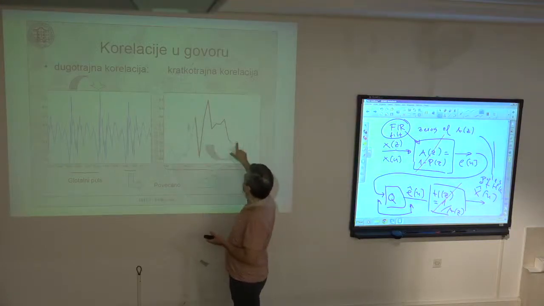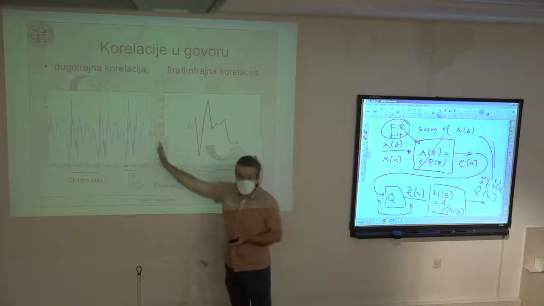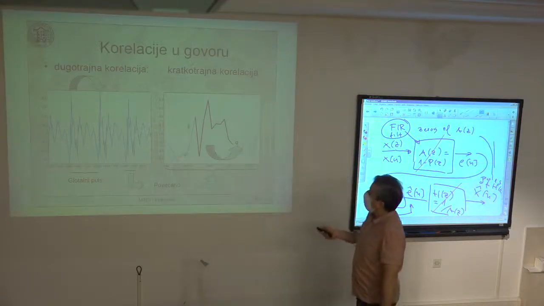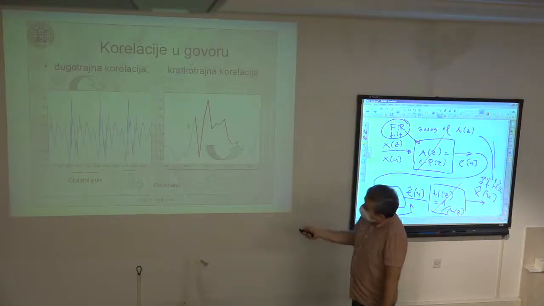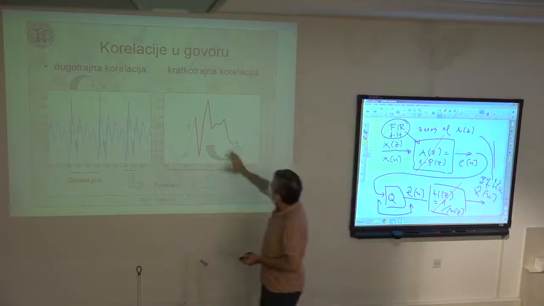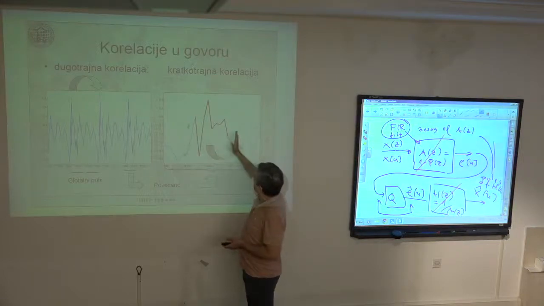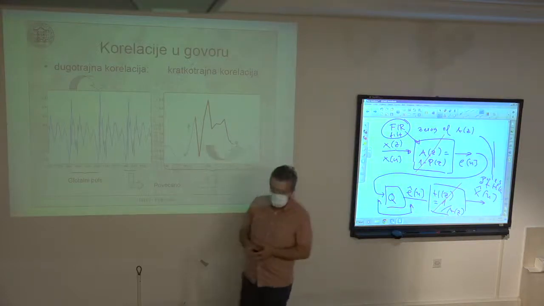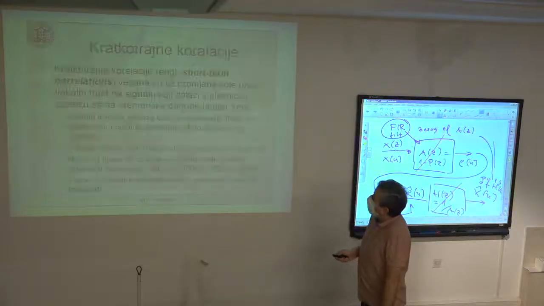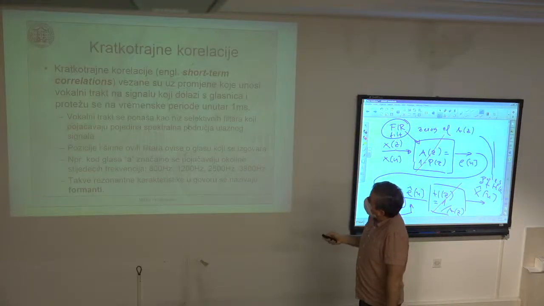But if I go further, there isn't that strong correlation between samples that occurred maybe 5 milliseconds before, because they are then long-term correlation related to periodicity of excitation. Short-term correlations are limited to maybe 1 millisecond prior to the current sample. Okay? Short-term correlation.